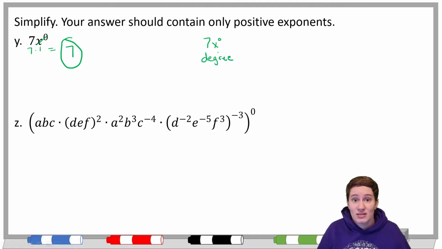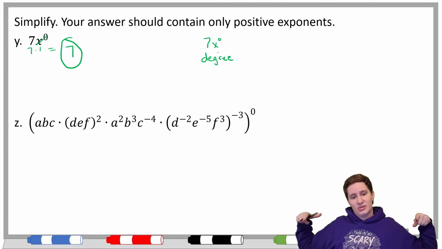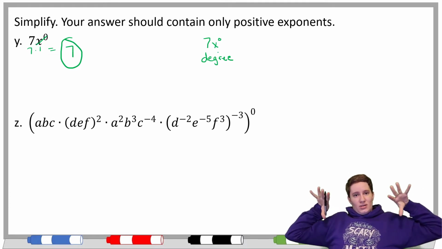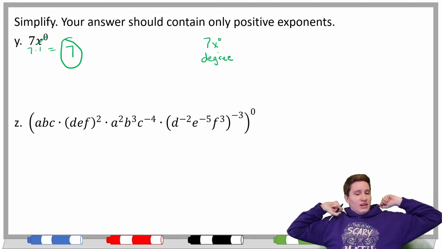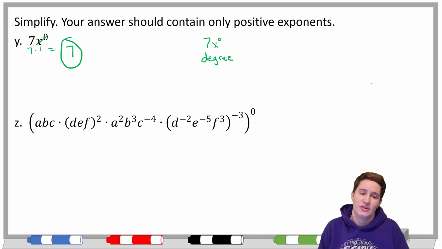Because we can put an x to the 0 next to whatever we want, and it doesn't change what we have. Normally we don't need to do that, but we could. Putting this x to the 0 here just tells us the degree is 0. There are 0 x's here, and so it ends up going last in our standard form anytime we do it. So that's what that's all about.